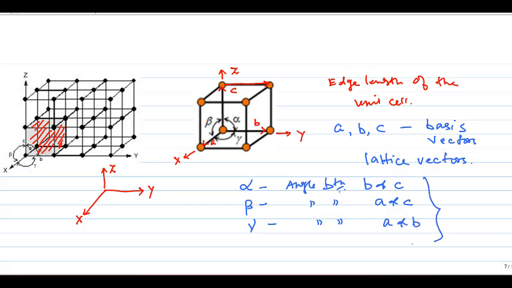This is the general convention which is followed. Okay. You can see the same thing on the diagram also. Alpha, beta, and gamma are marked.